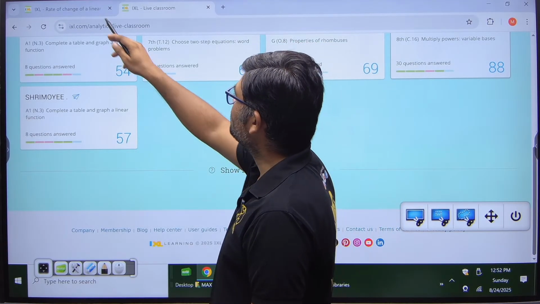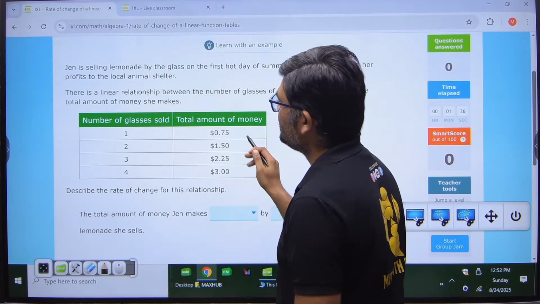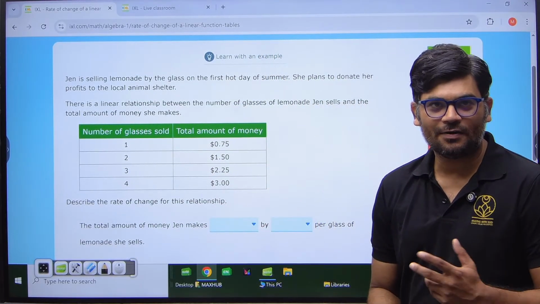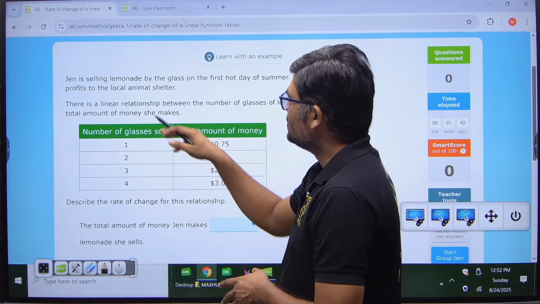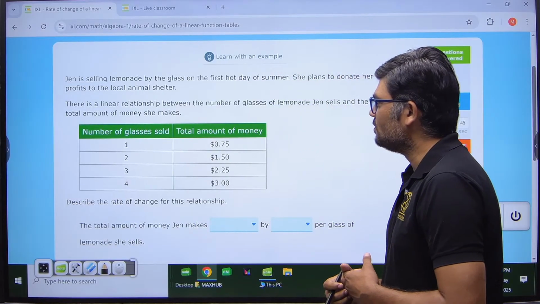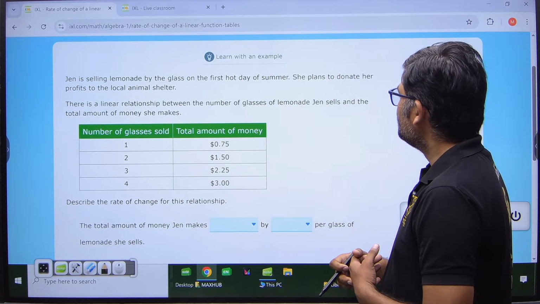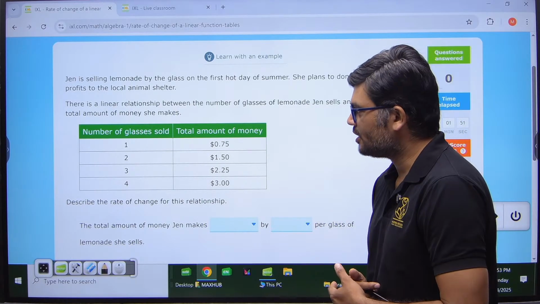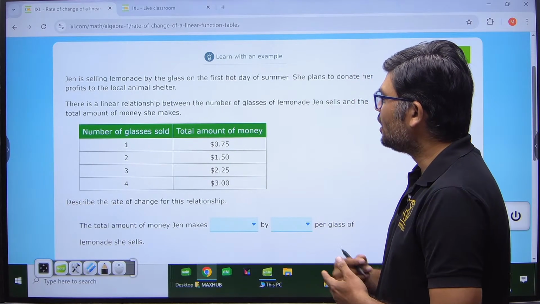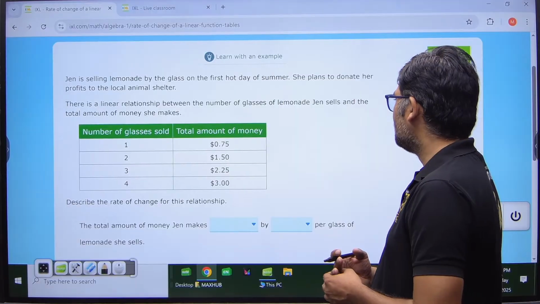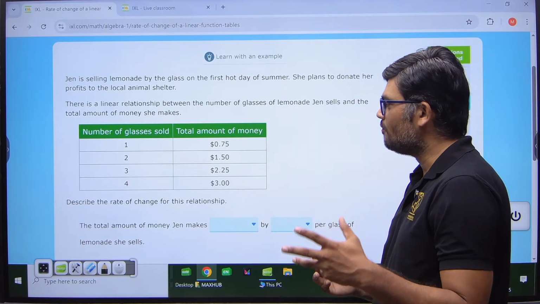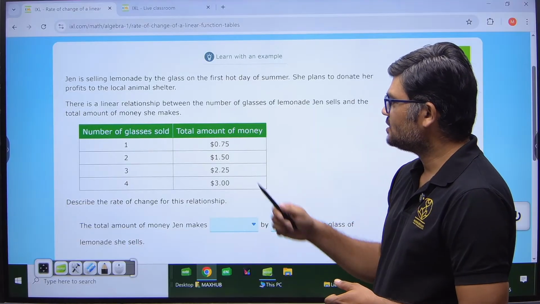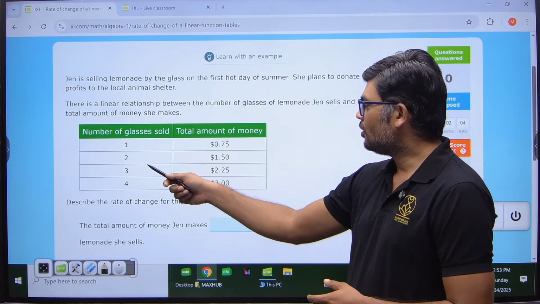Okay, let's move on to the next sheet. That is just after this N5, and then there are some word problems. We have to understand how to do it. Jen is selling lemonade by the glass on the first hot day of the summer. She plans to donate her profits to the local animal shelter. There is a linear relationship between the number of glasses of lemonade Jen sells and the total amount of money she makes. For the first glass sold, she gets $0.75. For two, 1.5.